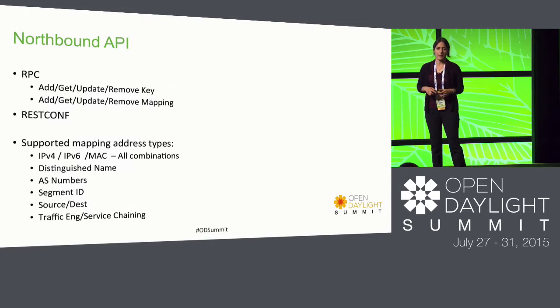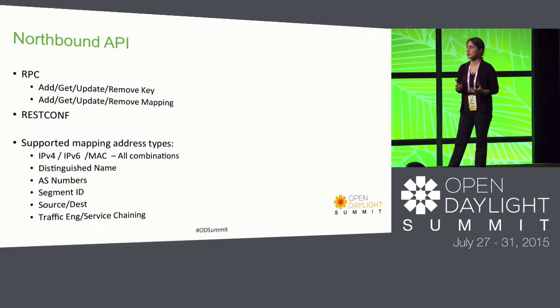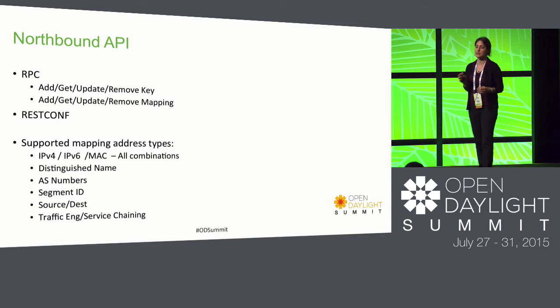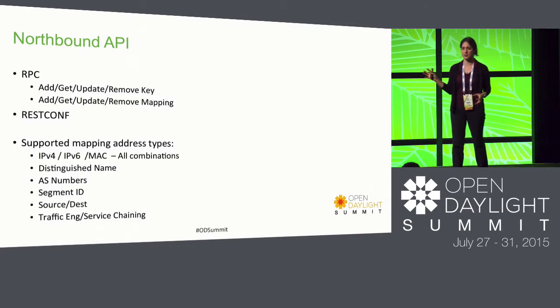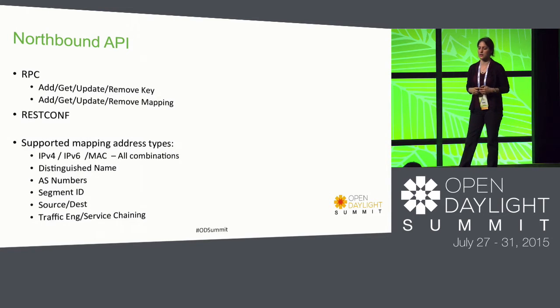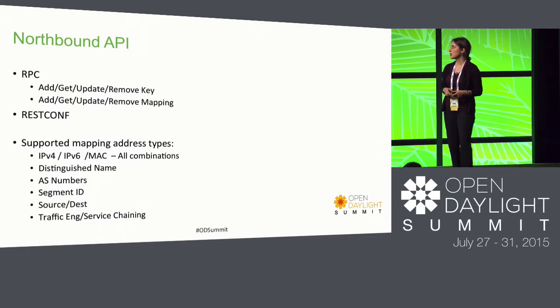Then there is the key resource, which we can, again, add, update, get, and so on. And that's basically a password or a key between the Lisp devices and the mapping database that is used for security, if you want to accept write operations from the Lisp data plane devices. Then there's, of course, RESTconf that gives you access to the database directly.